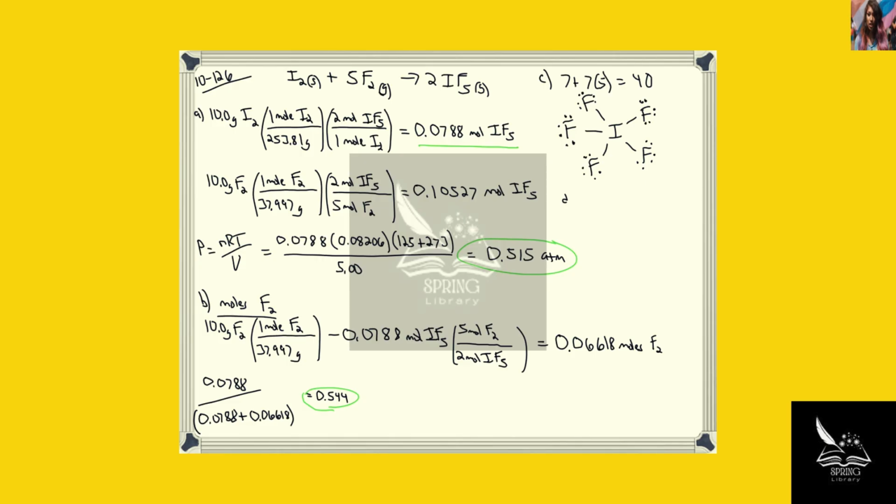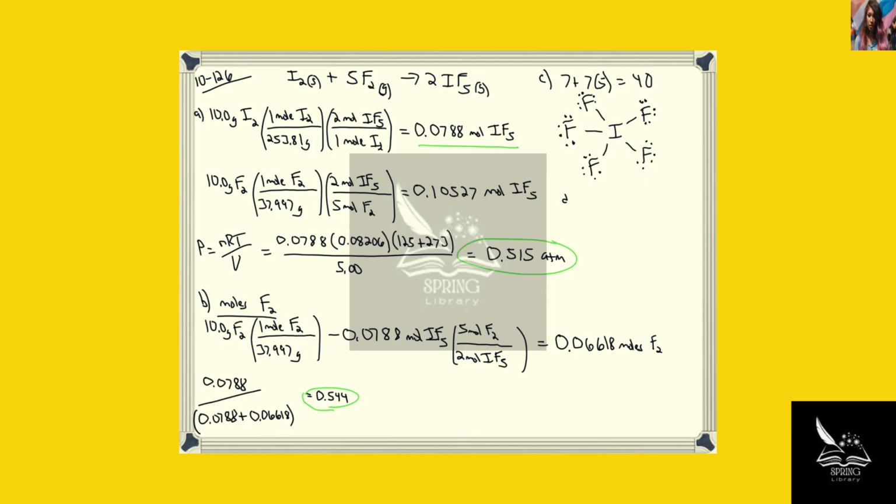The hard way to do this would be to figure out the mass of fluorine that is left unreacted, figure out the mass of iodine that's left unreacted, which would be 0 because it's the limiting reactant, and then take the moles of the product, this right here, and calculate its mass, and then sum everything together. That would then give you the total mass of everything in the flask.